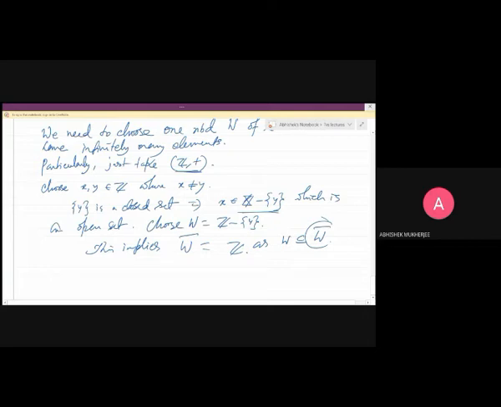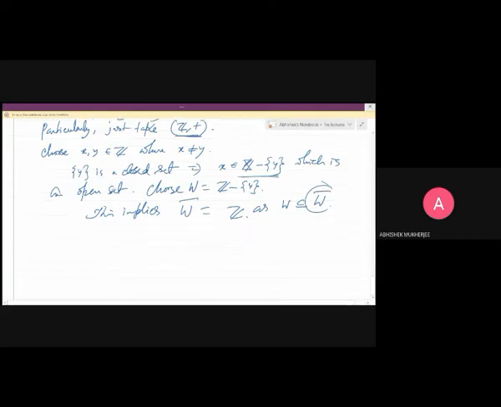So this means that this is a non-regular topological space, right?